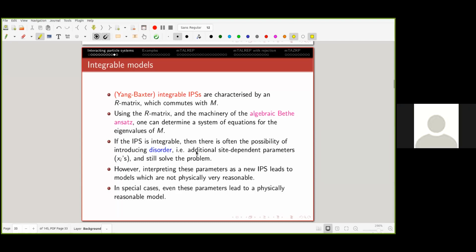So it won't be terribly physical. Of course, there's nothing forbidding you from defining it that way, but it's usually not physical.